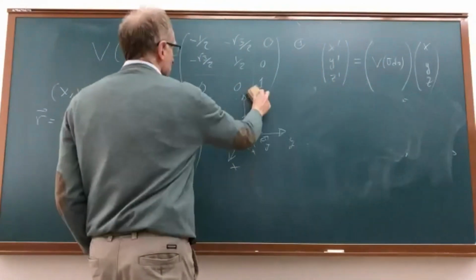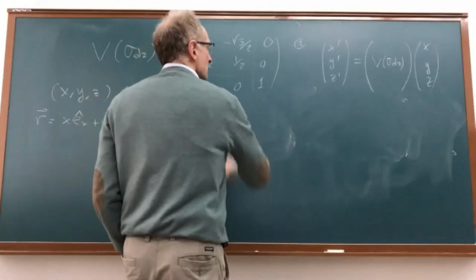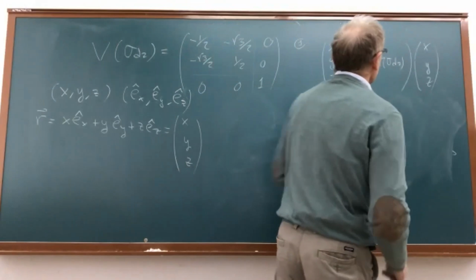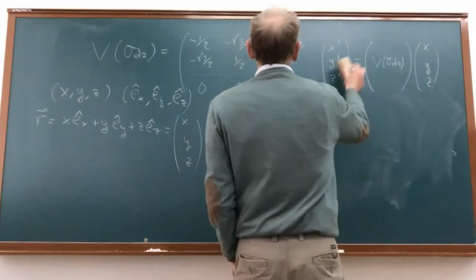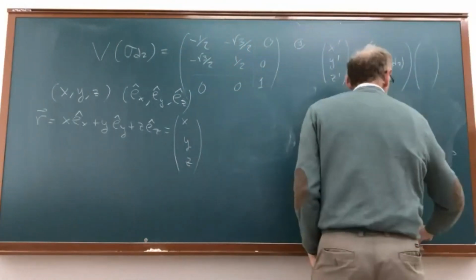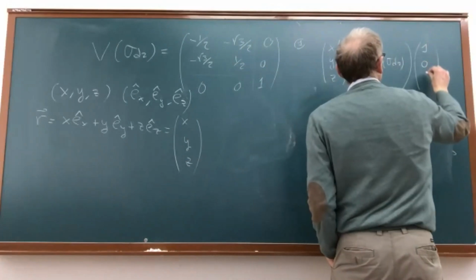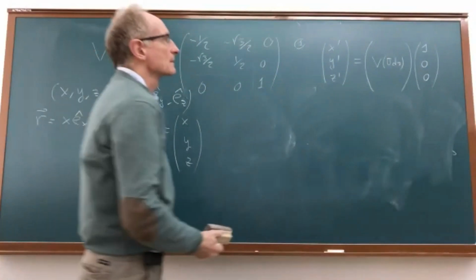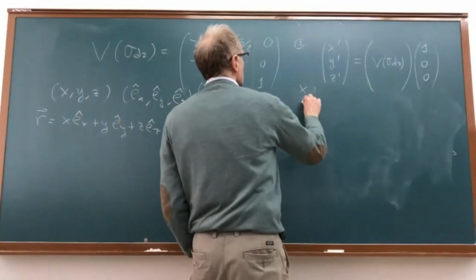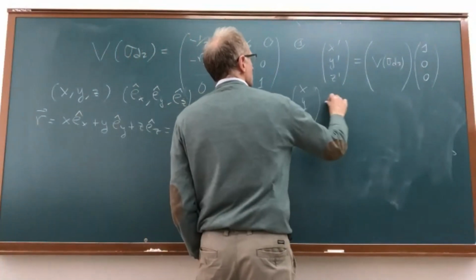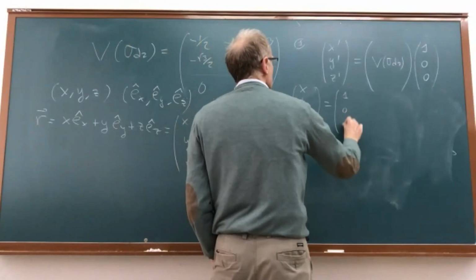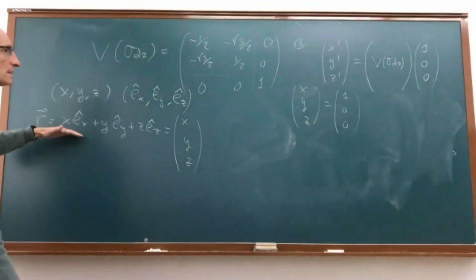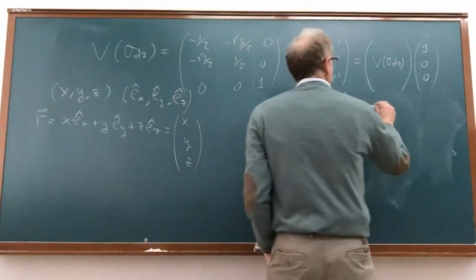Now, and this is almost the end of this observation, what happens if here I write this 1, 0, 0? Let's see what happens. So my initial coordinates are these. So I take this vector. Well, the first thing that you realize is that this vector, according to this, is just EX.